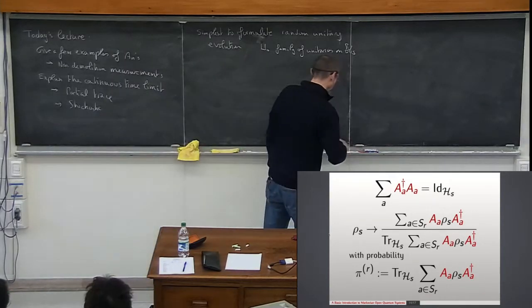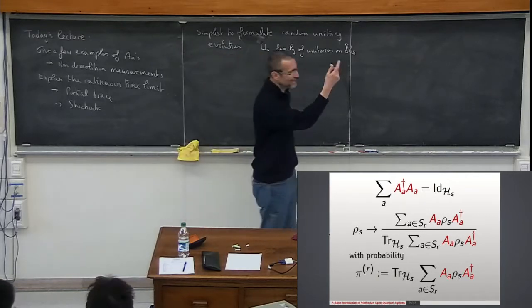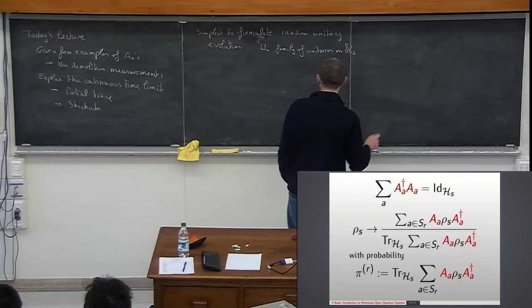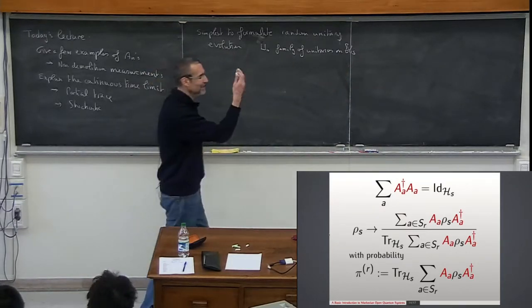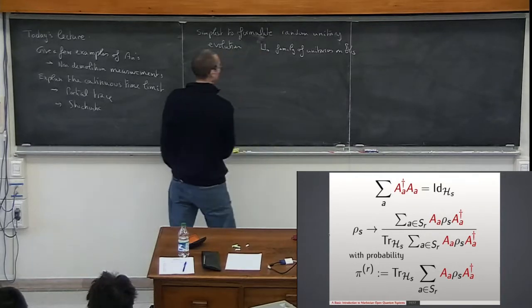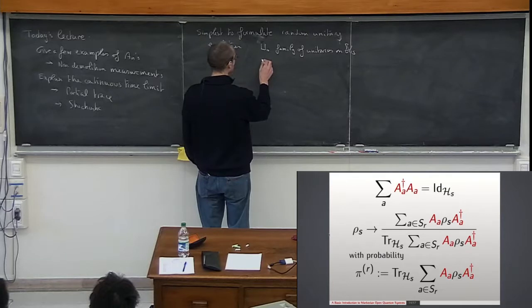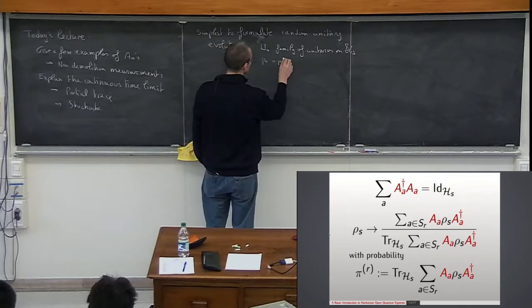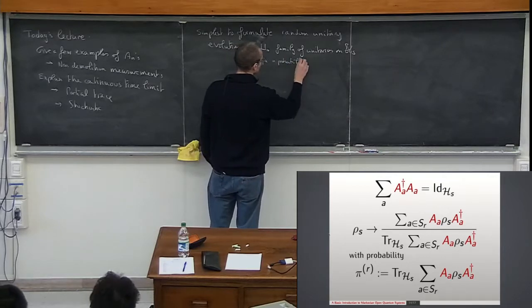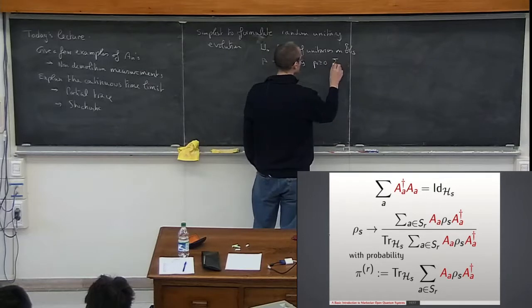By the way, I forgot on this blackboard to put the little index S to the density matrix, but that's okay. When we only talk about the system, there is no point in carrying this subscript all the time. So I take a family of unitaries of HS, and a probability measure PA with the same index set. So PA is larger than 0, and the sum over A of PA is equal to 1.